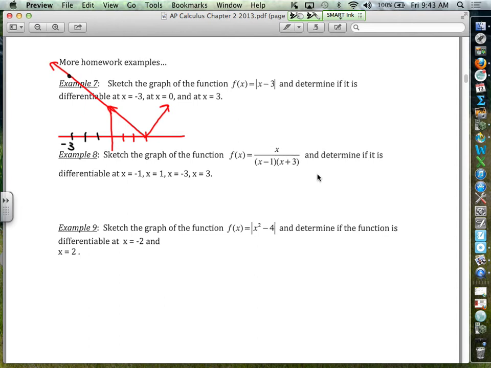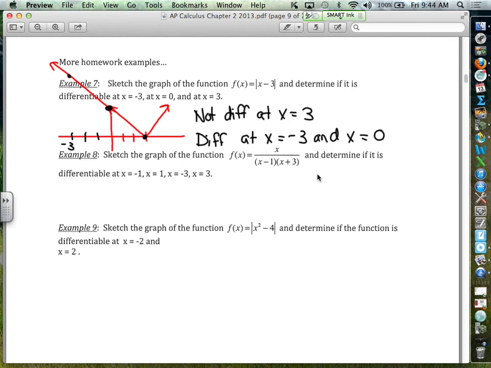So it's differentiable at negative 3. There's no sharp points or holes there. At 0, the slope is negative 1. So it has a derivative, has a slope at that point. At 3, now I'm at the sharp point. So it's not differentiable at x equals 3, but it is differentiable, or it has a derivative, at x equals negative 3 and also at x equals 0. So that one's okay.